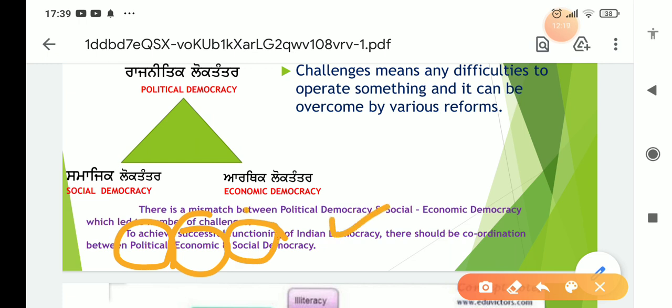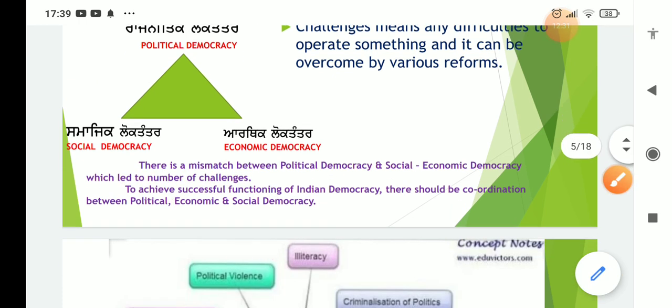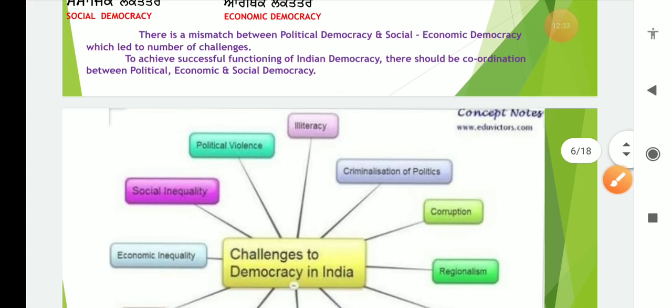We will have to achieve social democracy and economic democracy, then we can realize political democracy in the true sense. So let us study the major challenges.